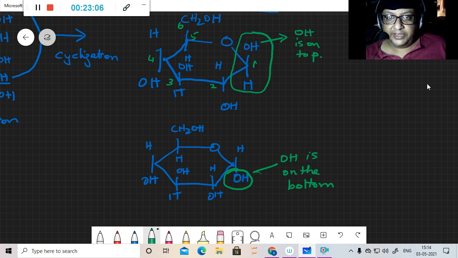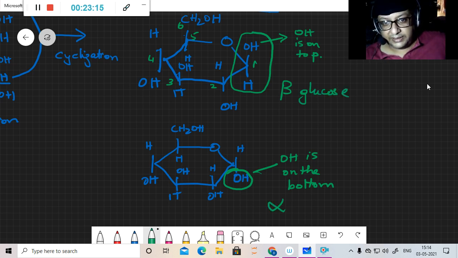So this configuration is known as beta glucose, and this is alpha glucose.